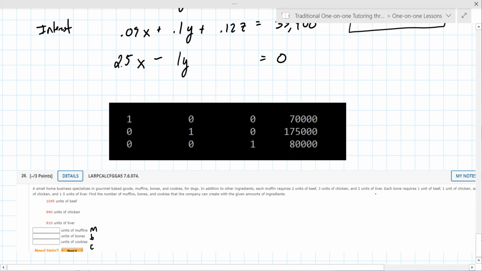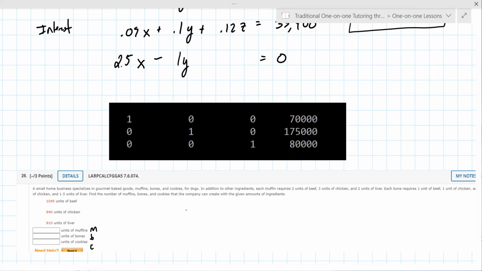This one is a little odd. Back up here. Each muffin requires 2 units of beef. Okay, so let's go with like, this is really odd.